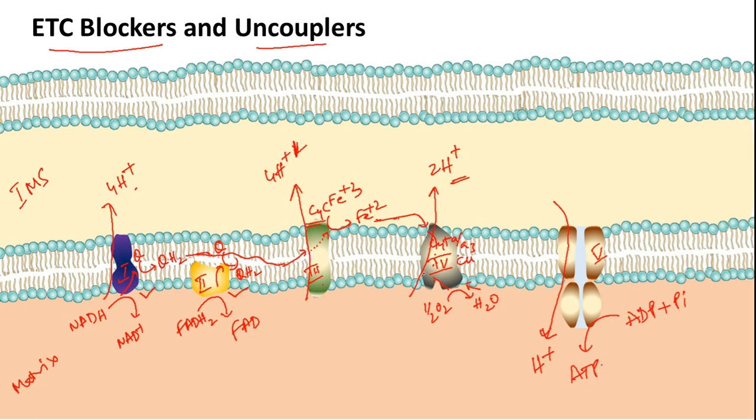These proteins can be inhibited by organic compounds, since a compound can inhibit enzymatic activity. Such compounds we call ETC blockers, which inhibit the process at one place or another.